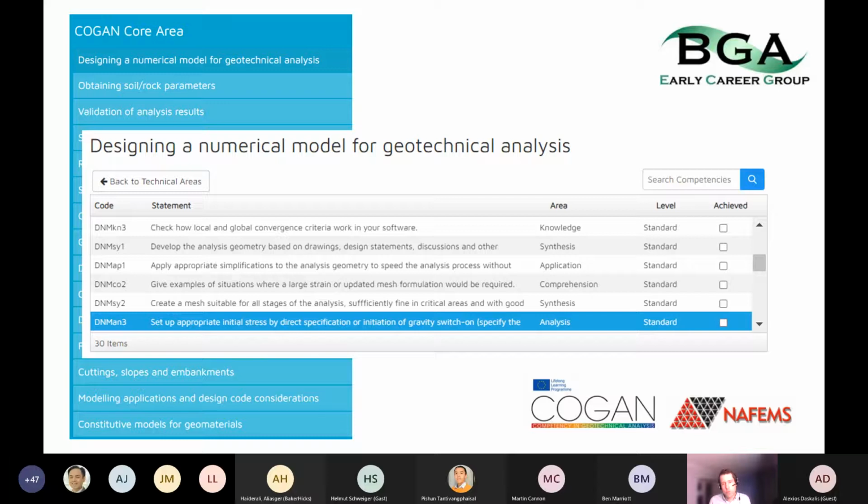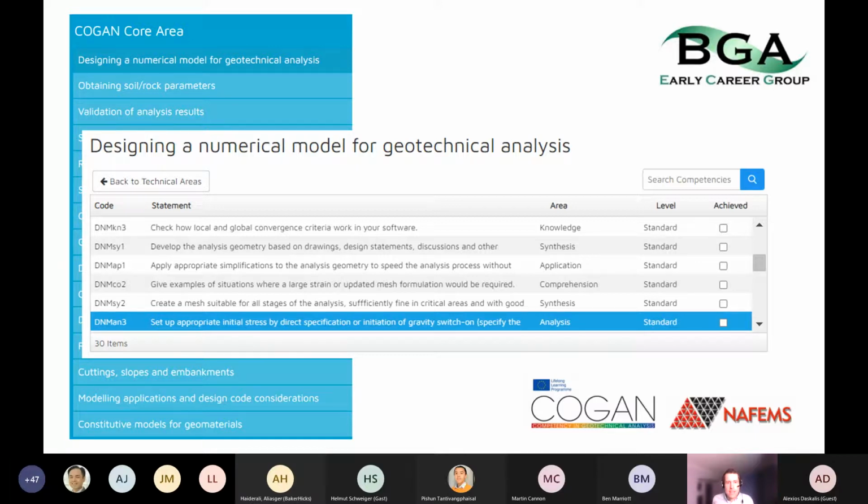And there's also, on the right, a difficulty level, shown here as standard, that gives the person using the tracker an idea of what level of difficulty is required. It's really intended to help the person pace themselves in their development. So you start with easy ones, then go for the more difficult ones.